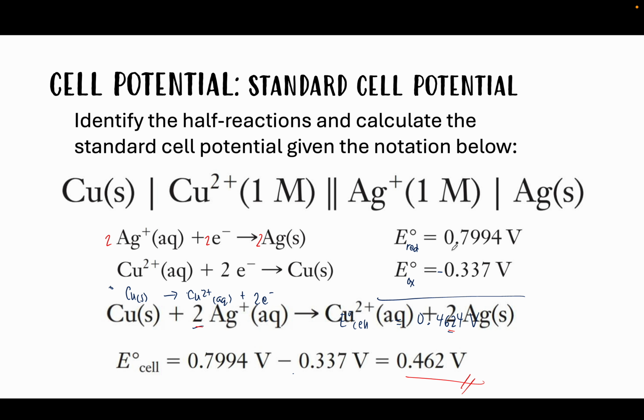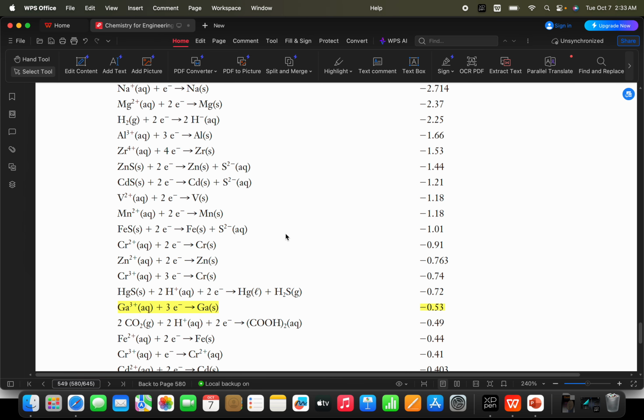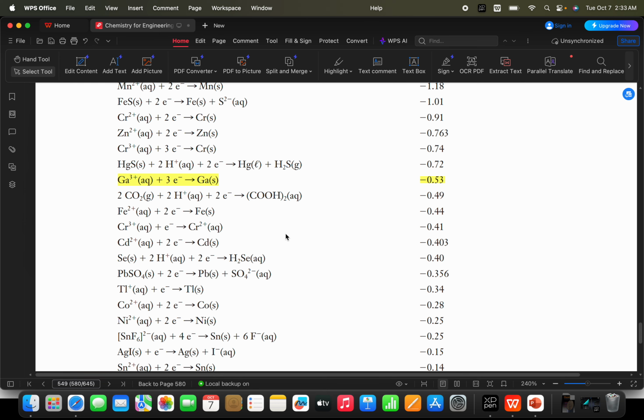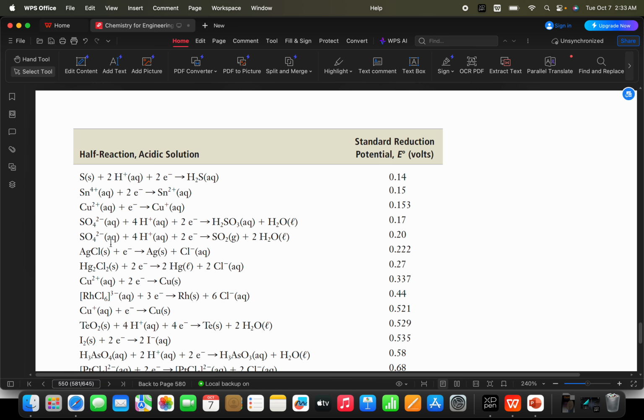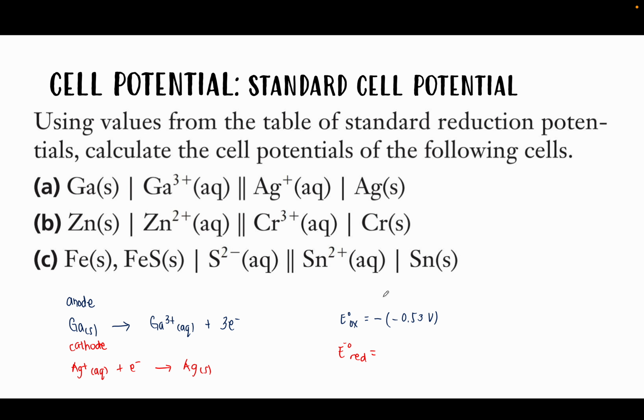For silver, I think it's in the next page. Here, 0.7994 volts. As is, because it is reduction, 0.7994.